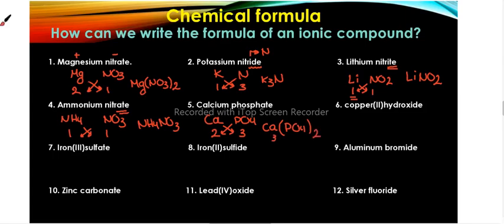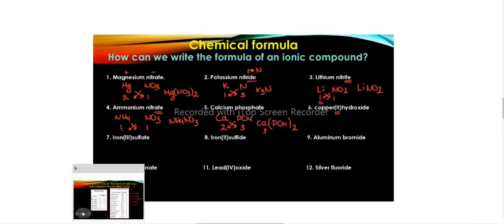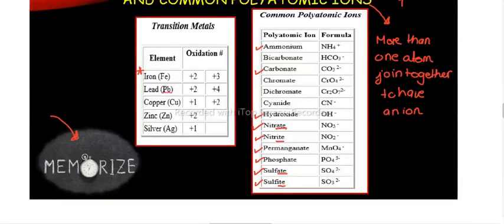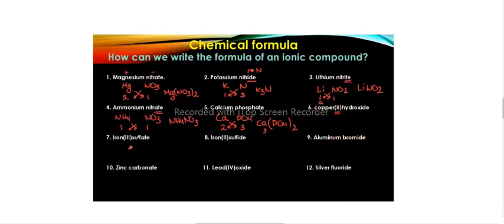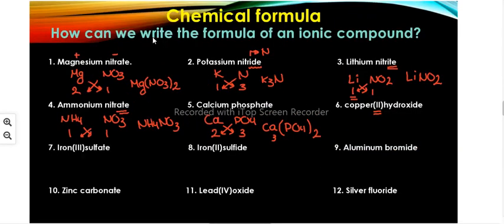For the copper 2 hydroxide, now we're going to learn why we have in Latin between brackets the 2. If you remember, the copper has 2 different oxidation states. It could be a positive 1 or it could be a positive 2, and this is mentioned right here. So in order to know which one is the correct oxidation state when applying the cross multiply, the question will tell you exactly what the oxidation state is.